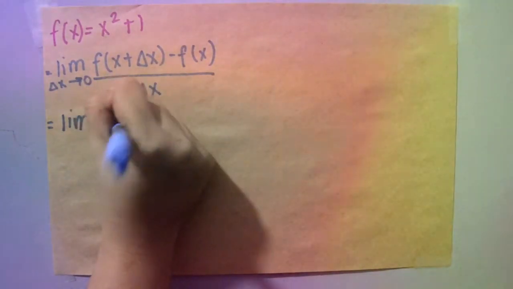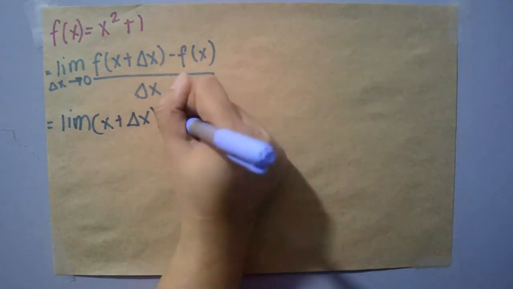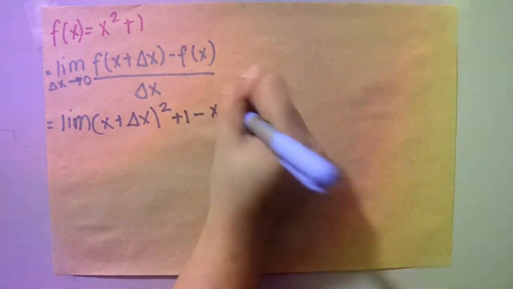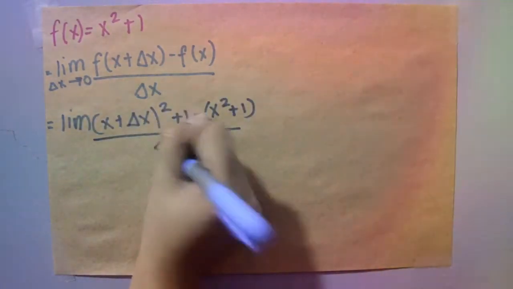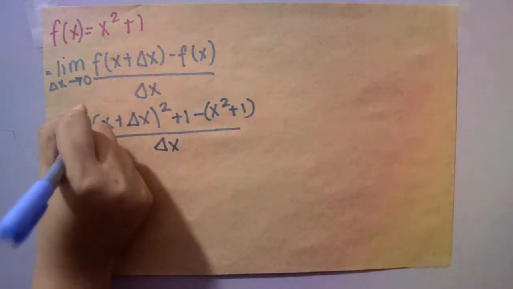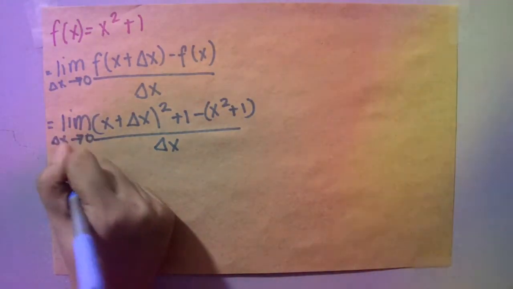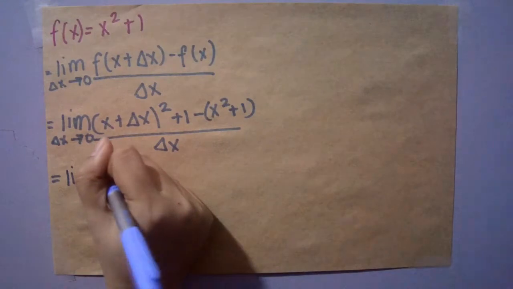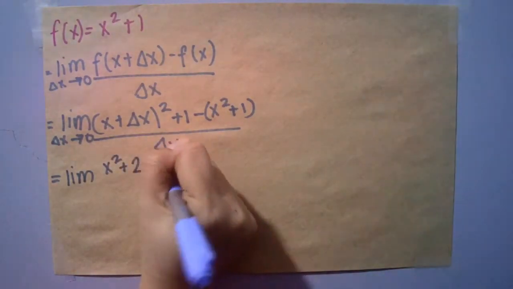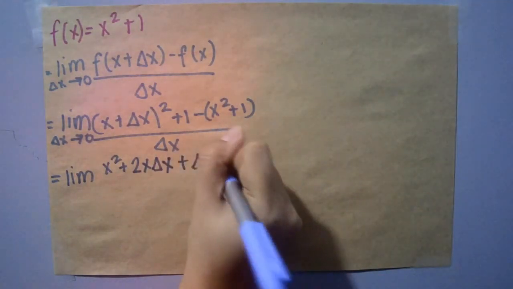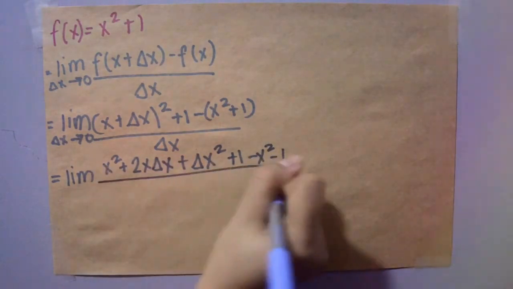So it becomes limit of x plus delta x squared plus 1 minus the function which is x squared plus 1 all over delta x as delta x approaches 0. Expand. Limit of x squared plus 2x delta x plus delta x squared plus 1 minus x squared minus 1 all over delta x as delta x approaches 0.